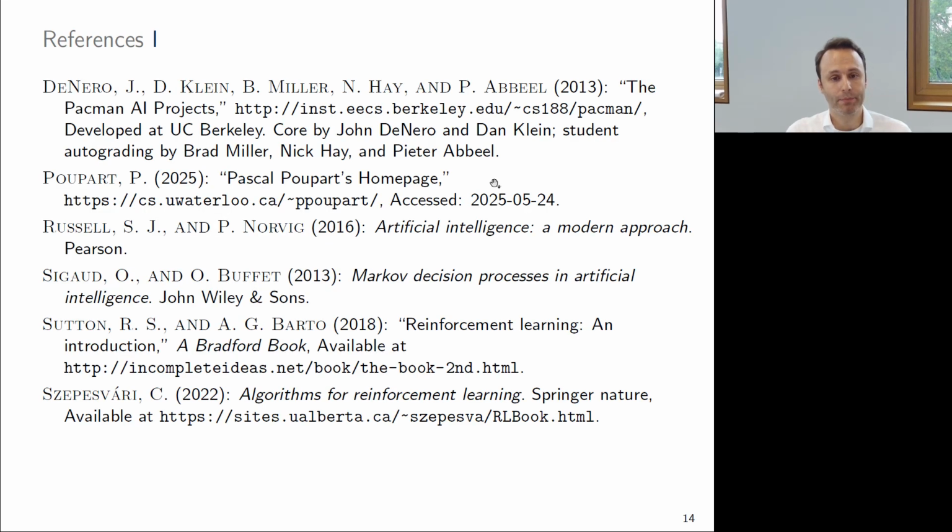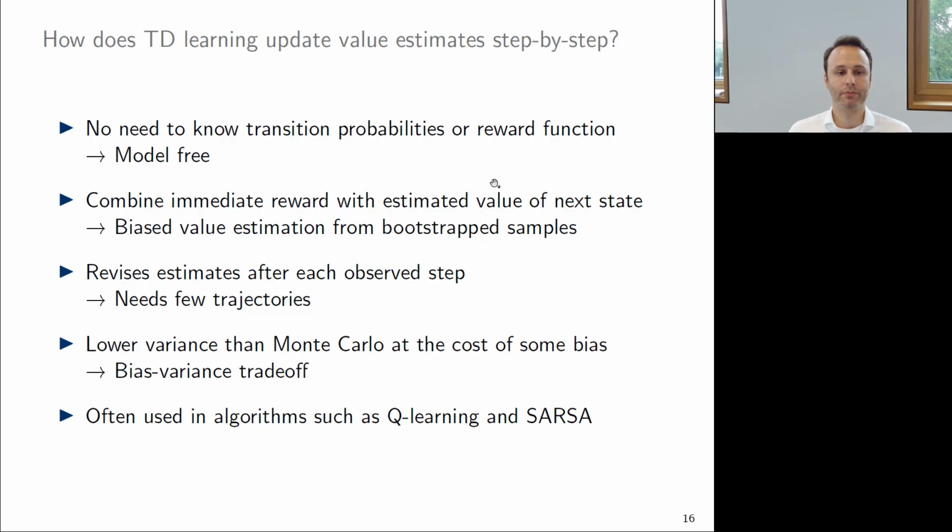So here's some references on temporal difference learning, and just to sum up, we don't need to know transition probabilities or reward functions. We can work model free. And temporal difference learning combines immediate rewards with an estimated value of the next state, which produces a biased value estimation from those bootstrapped samples, but still it's going to converge.